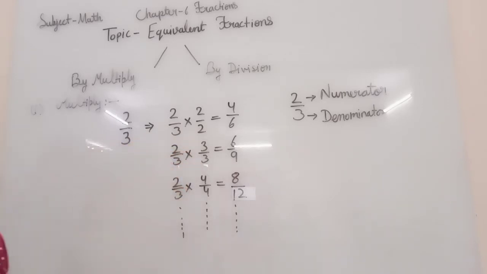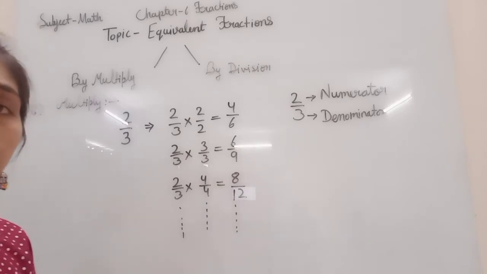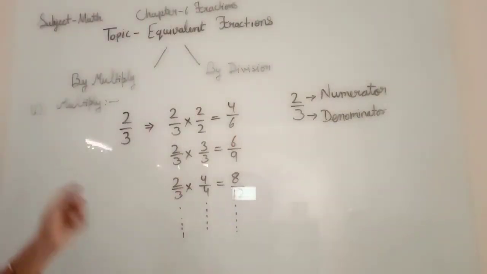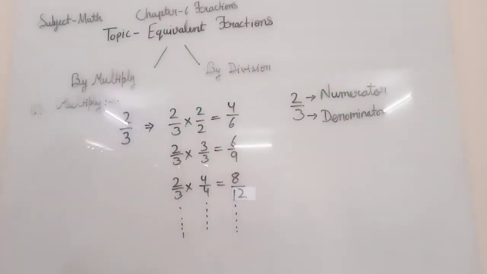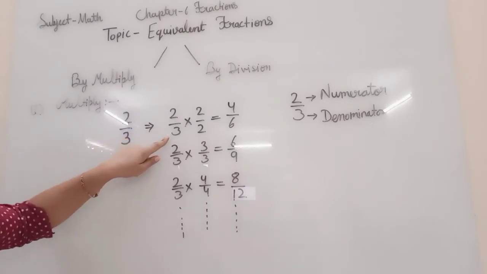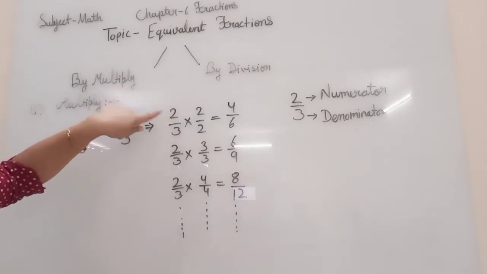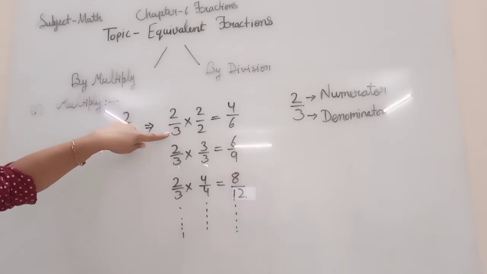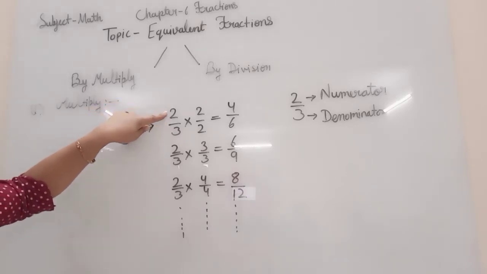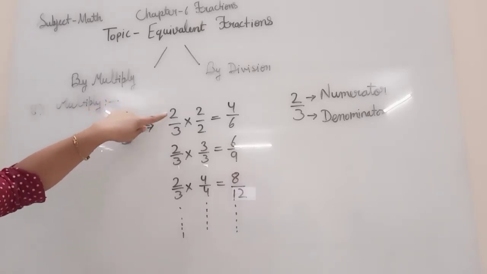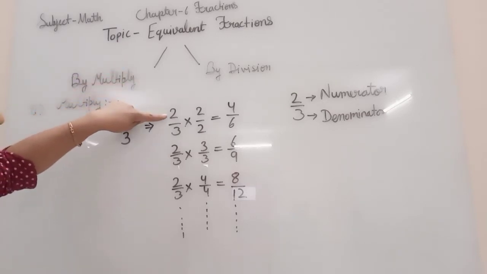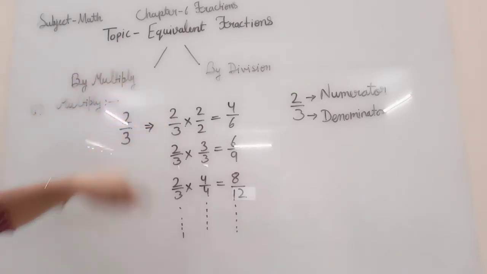So how will we find the equivalent fractions through multiplication? We multiply the same number with the numerator as well as with the denominator.